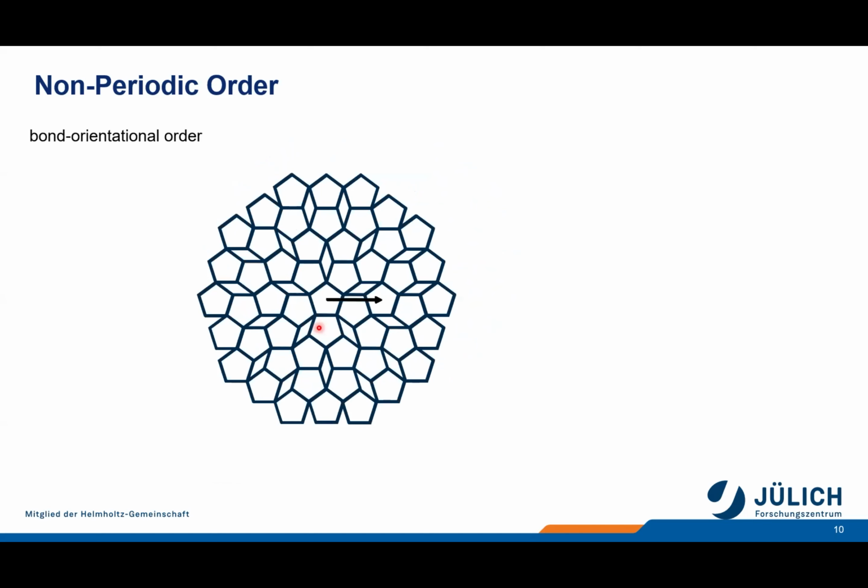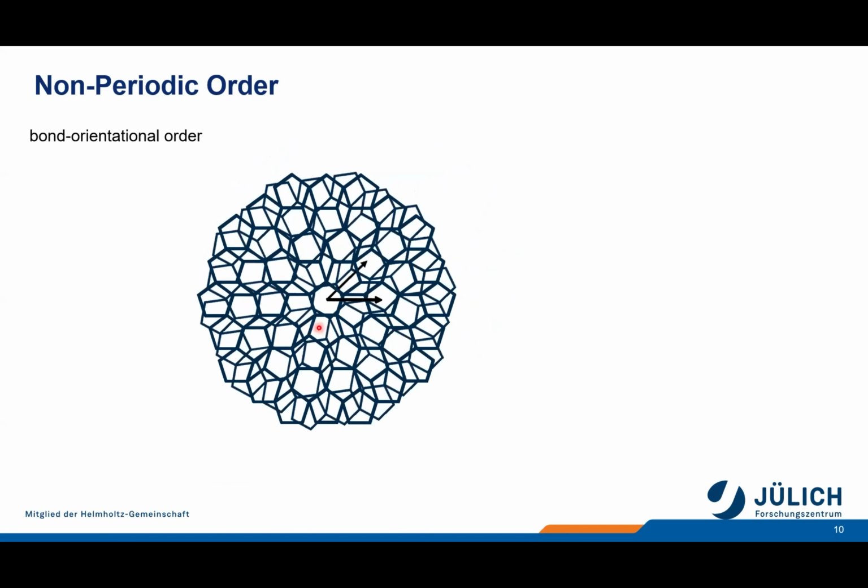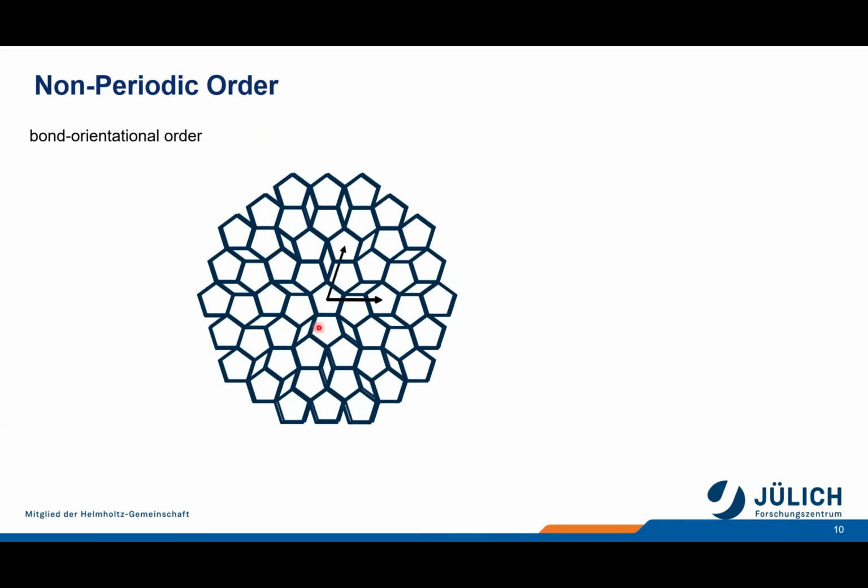So we could look for a point to rotate about. And if we rotate this by 72 degrees, which is the typical angle of a regular pentagon, we see it overlaps. So this is somewhat surprising, but these quasicrystalline tilings, and this is one example, have indeed bond orientation order, but no translational symmetry.